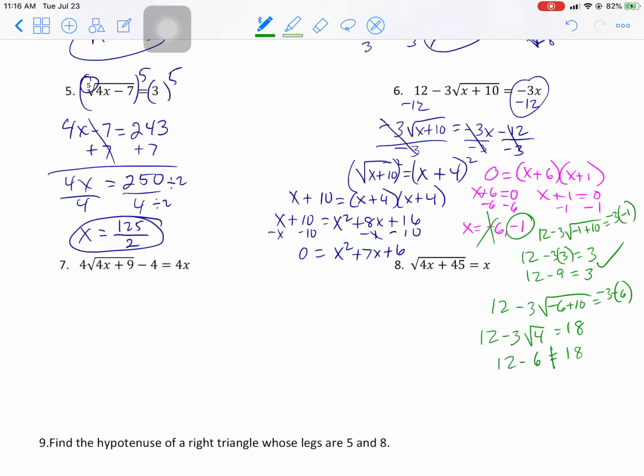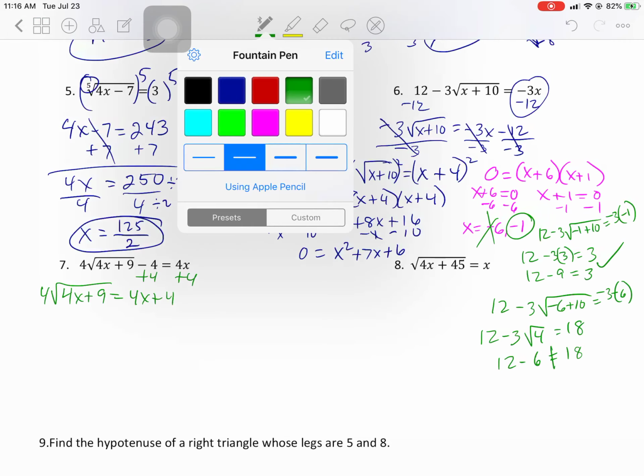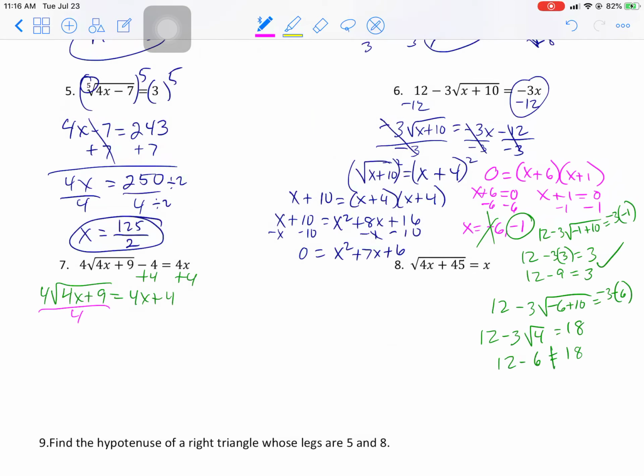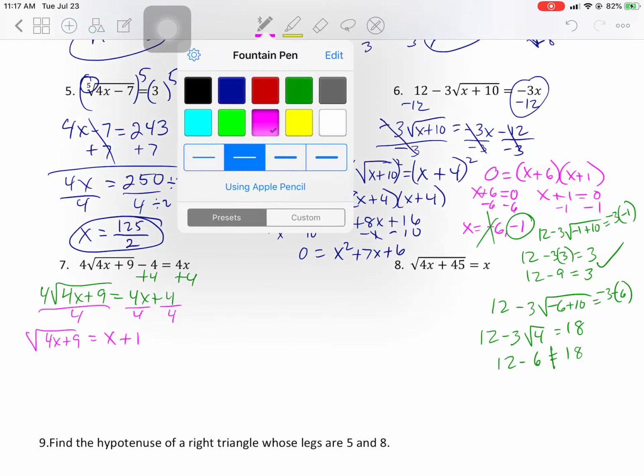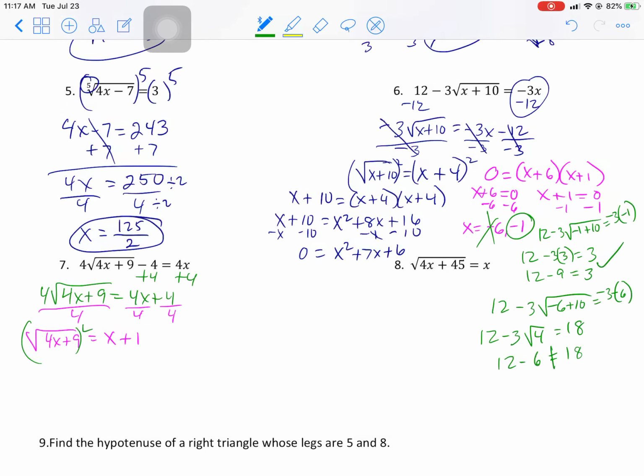All right, over here, let's see, add the 4. And then divide by 4. Raise it to the power of 2. That removes the radical.